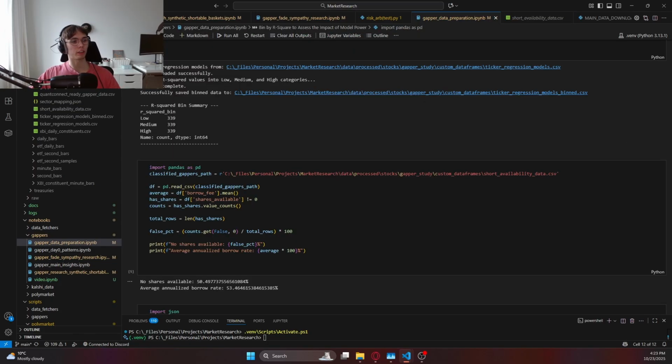So yeah, you can see here that I did just a quick inspection of my data, and I saw that the percentage of events that had no shares available was around 50%, so half. And the annualized borrow rate was 53.46%, which is astronomically high, meaning I would need to have some insane returns to make up for this, and they didn't.